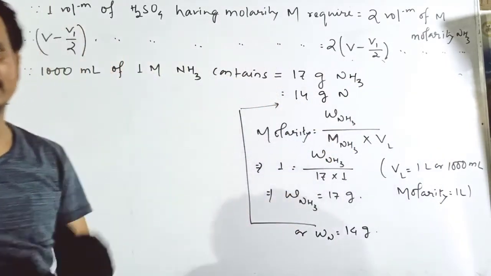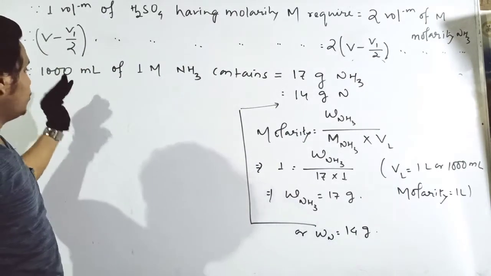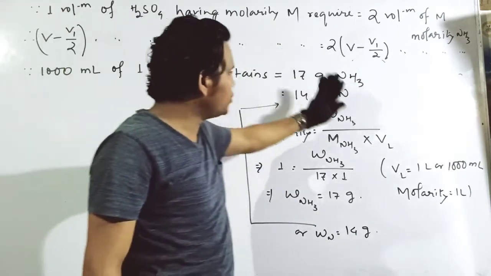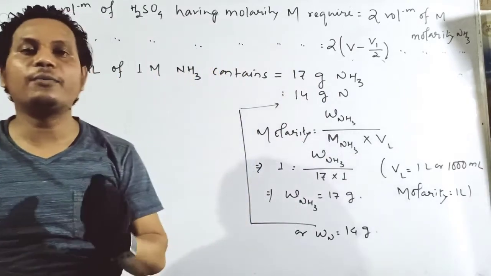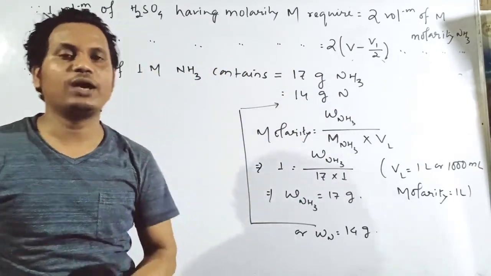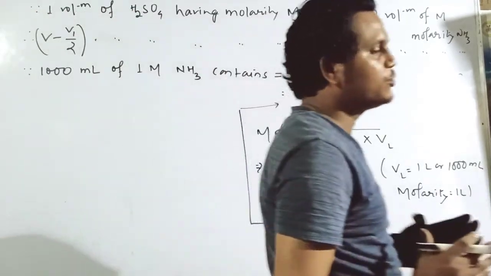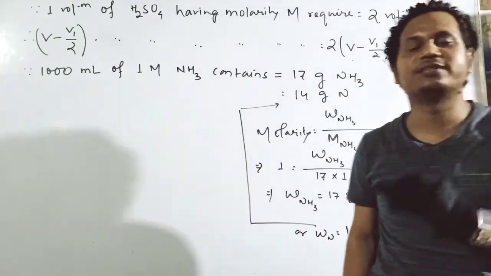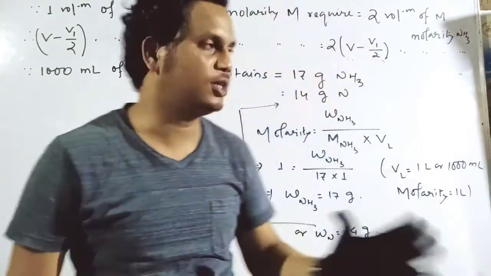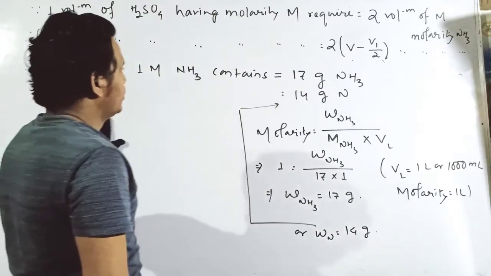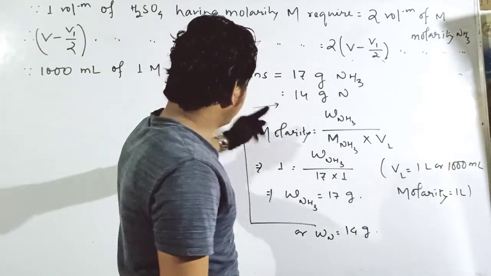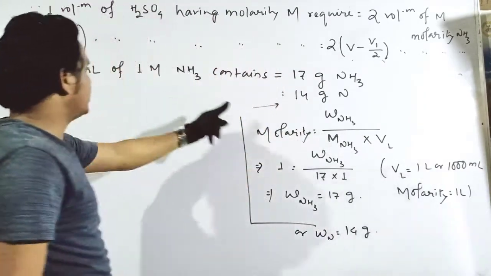So we are converting volume into gram because we require the mass of nitrogen. Why? Because our aim is to find the mass percentage of nitrogen.